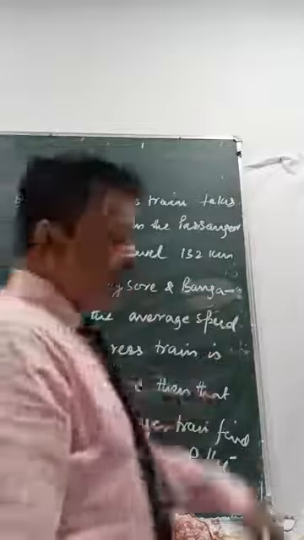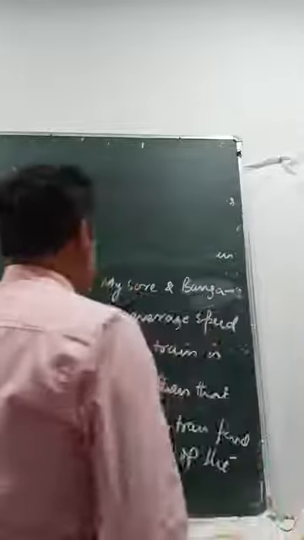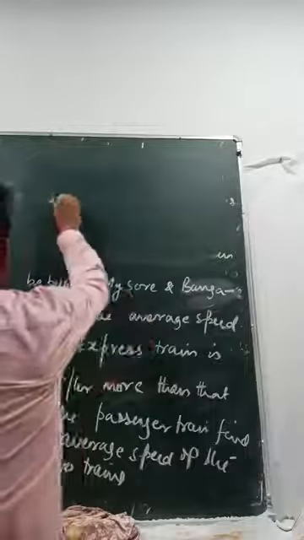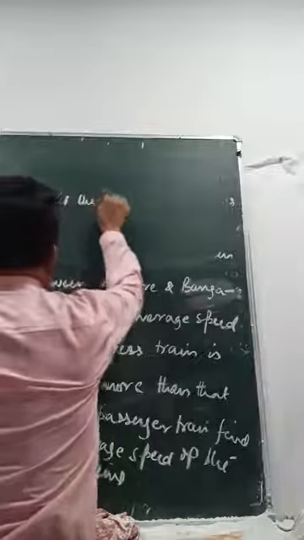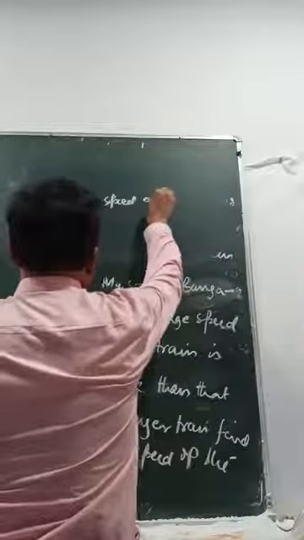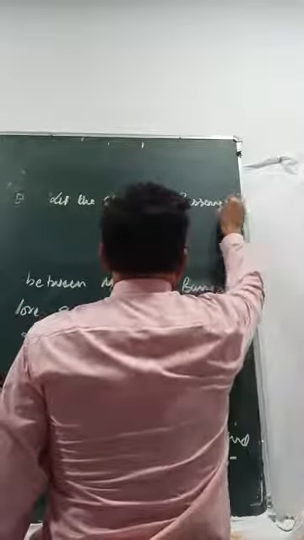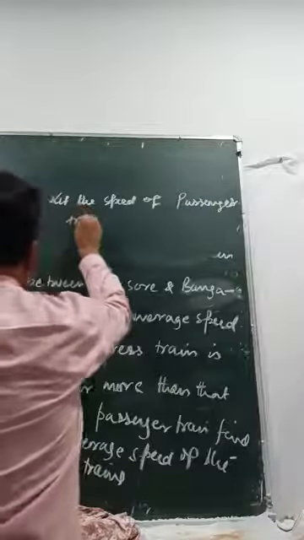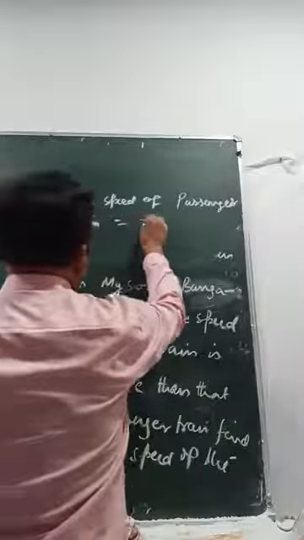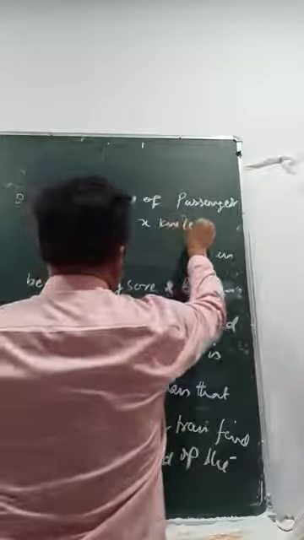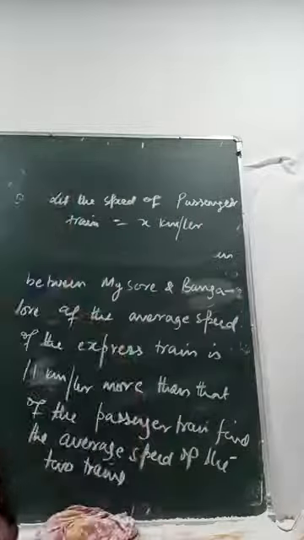This is just like a question I had done just before this. I will just create the equation, you have to solve. Let the speed of the passenger train be x kilometer per hour. Okay.